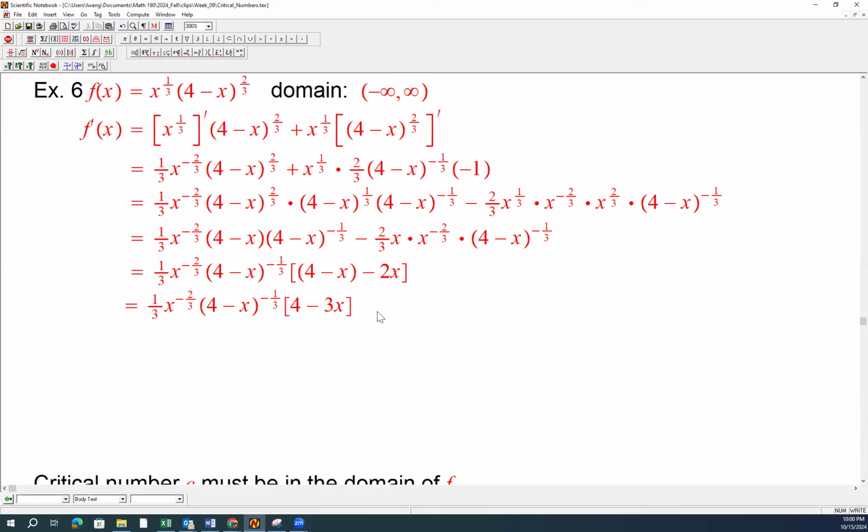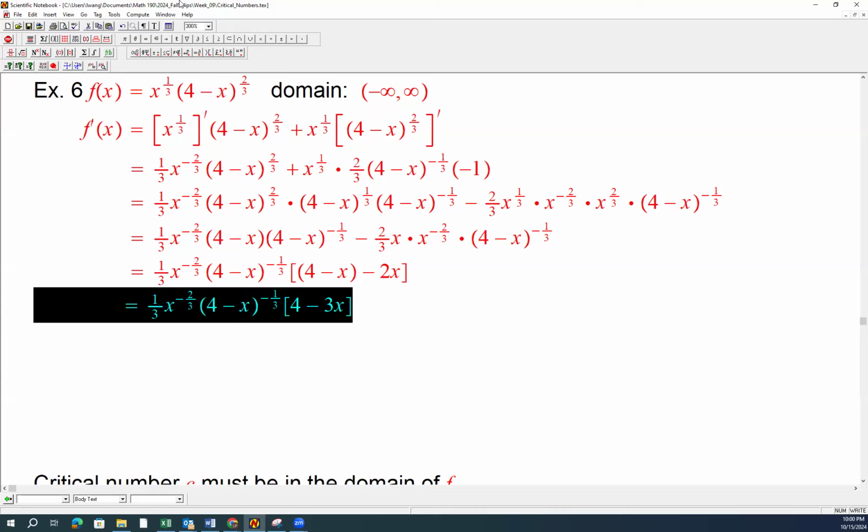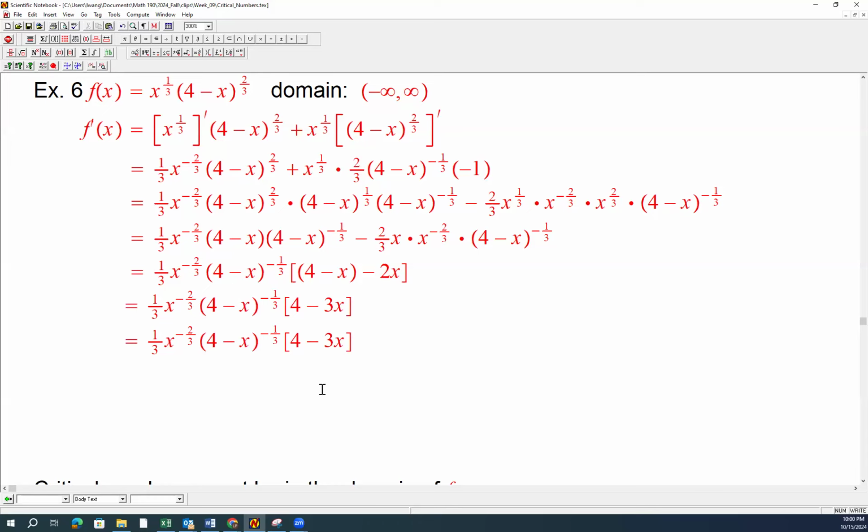Finally, we look at the domain. If you want to see the domain better, we need to apply the negative power property. That's going to be 1 over x raised to the power of 2/3 instead of negative 2/3.